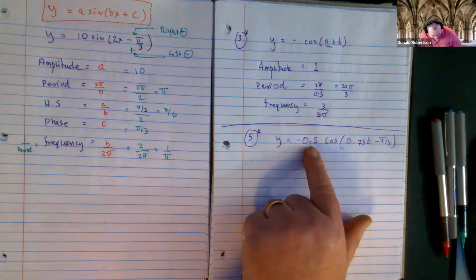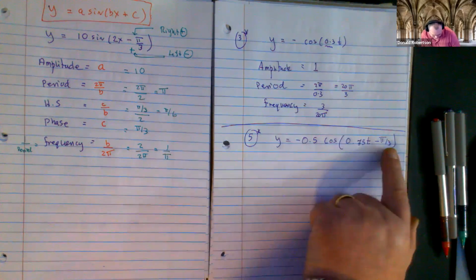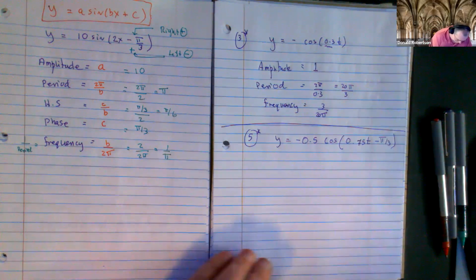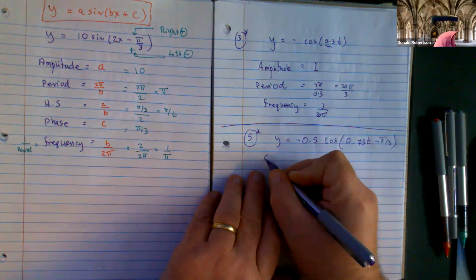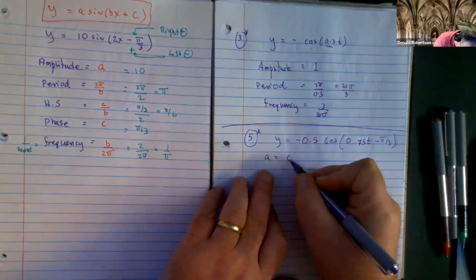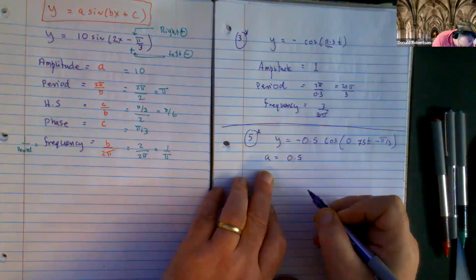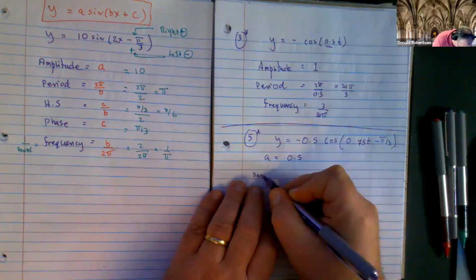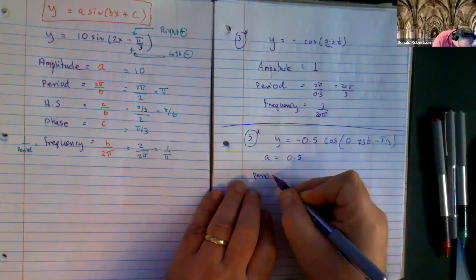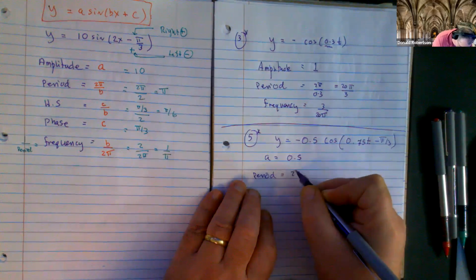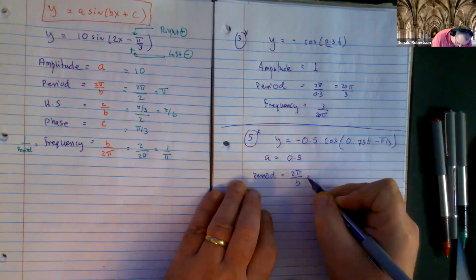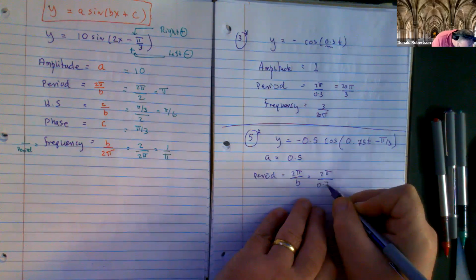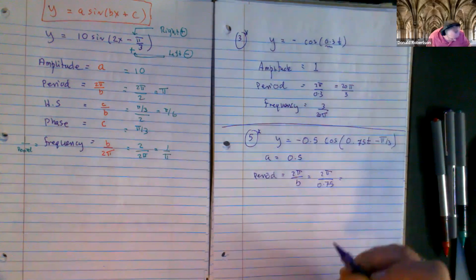So it looks like we're mixing and matching decimals with fractions. And so we'll make sure that all our answers when we're finished are fractions. So amplitude is A, 0.5. The next thing they want is the period. And that's 2 pi divided by B. So it's 2 pi divided by 0.75.